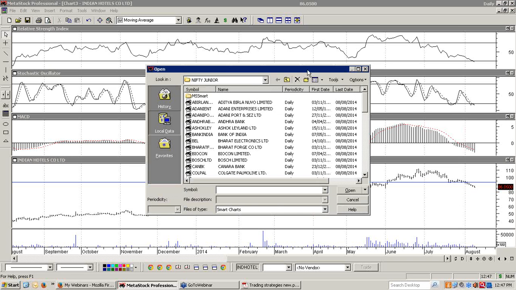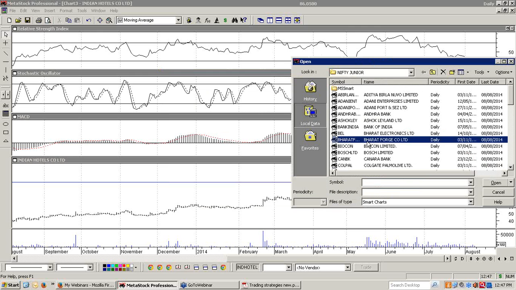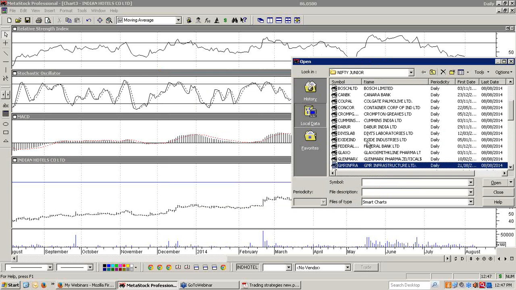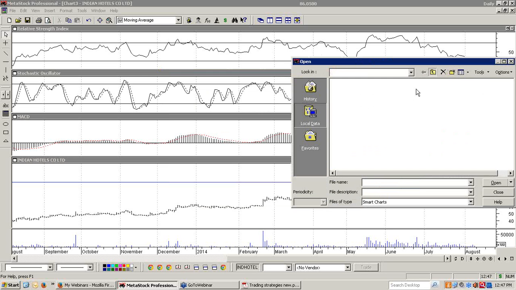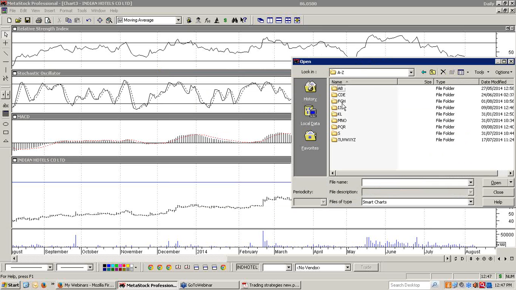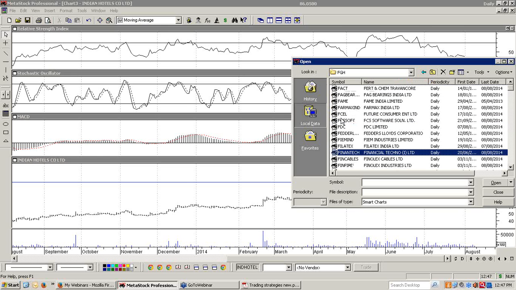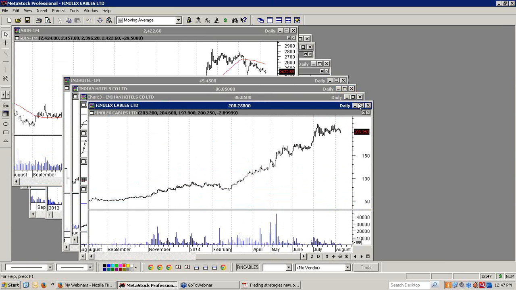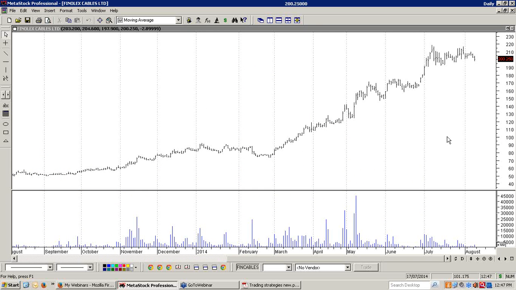Another was Finolex Cable. Let me see that stock also. This is making a wedge pattern on the daily chart, and it has broken below that wedge pattern.